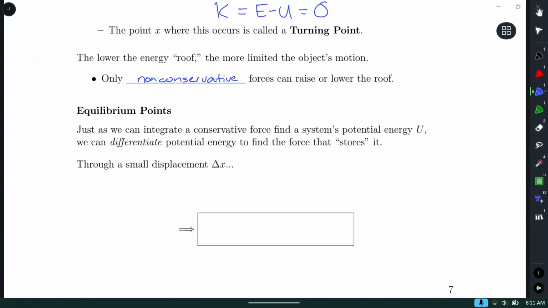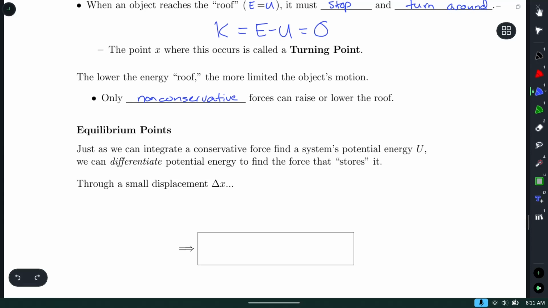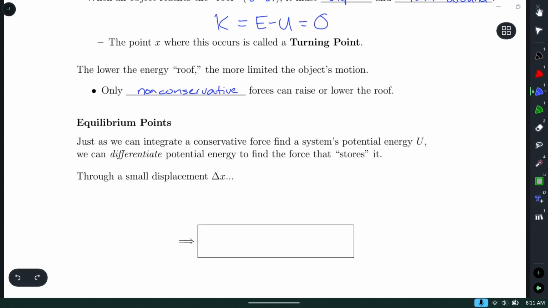Equilibrium points are a slightly different thing, but another thing that's kind of easy to see on the curve. So first, in order to talk about equilibrium points, we need to remember what equilibrium is. It means zero net force acting on your object. And so, how do we do that in terms of potential energy? We kind of go back the other way.